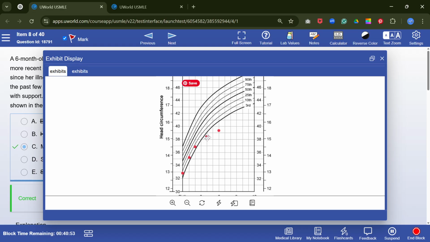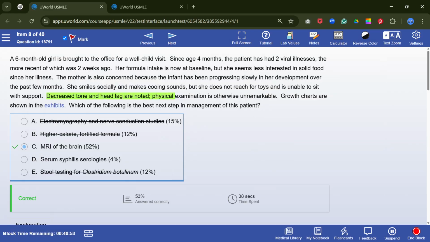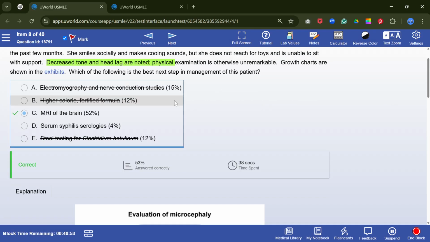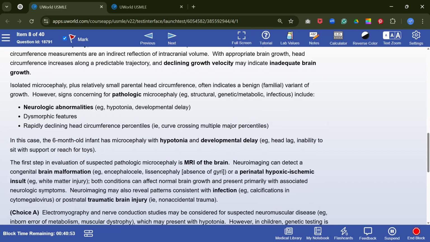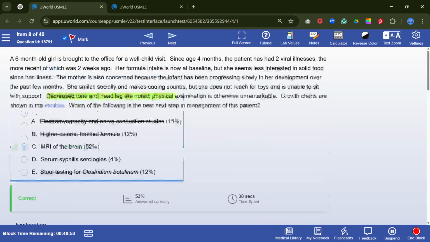Now it touches the third percentile or goes below it. So there is gradual decline, and serial head circumference shows two or more declines. So it looks like we should do the MRI of the brain. Our next step is to do the MRI of the brain.